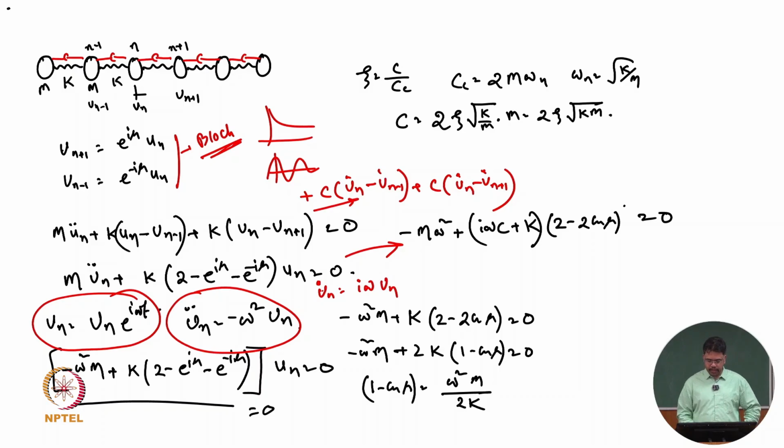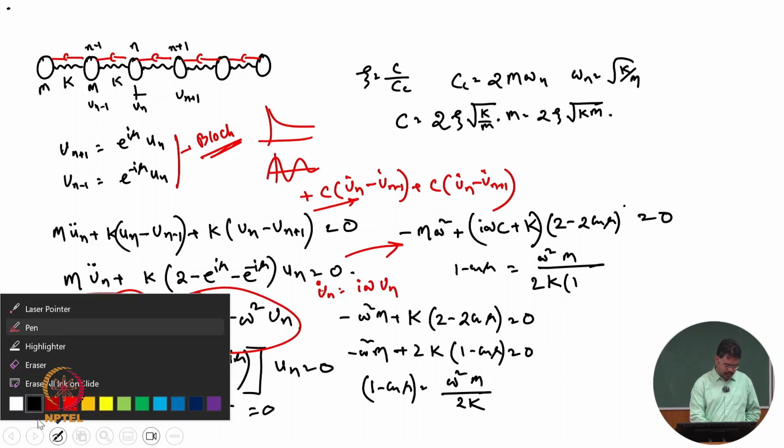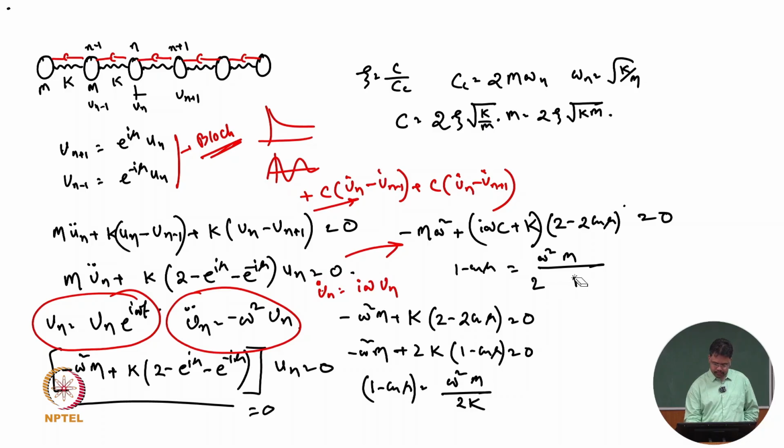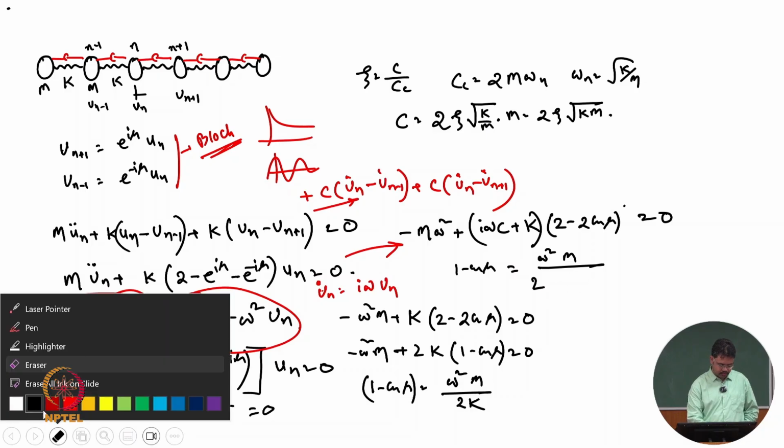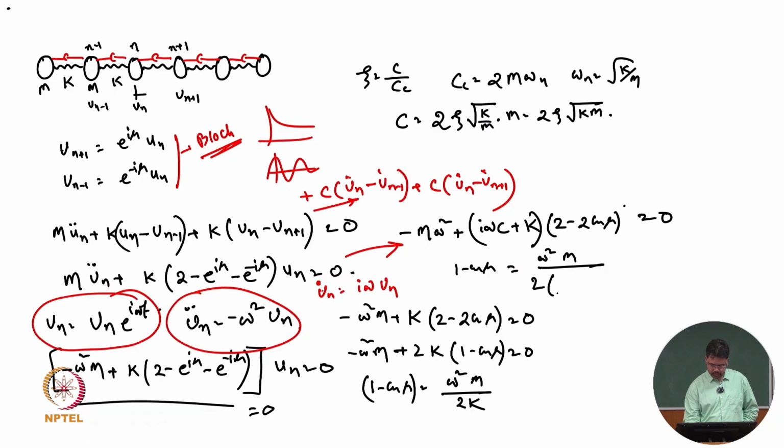So how should the dispersion look? It will go exactly the same manner. So 1 minus cos mu will come, omega square m divided by 2k into 1. Or just a minute, like this.